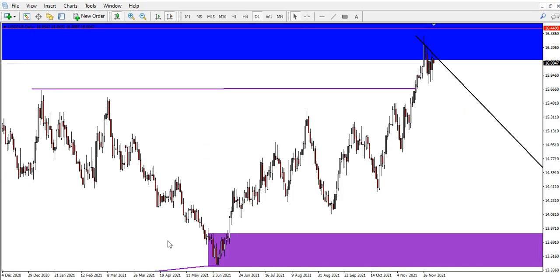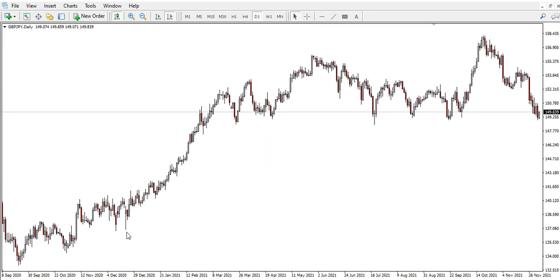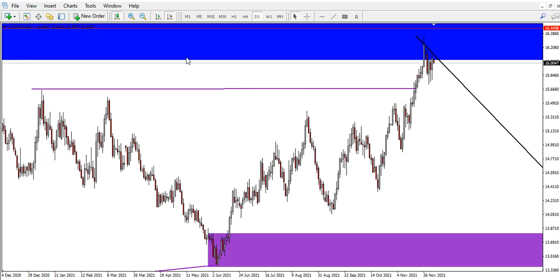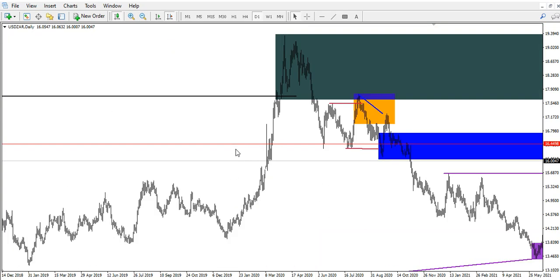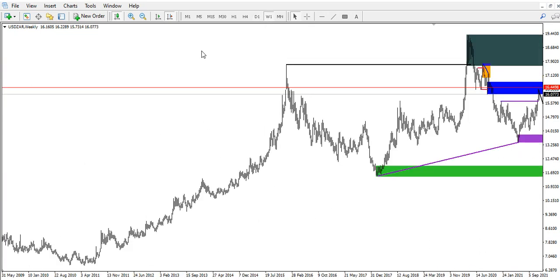Just take a wild guess where I'll start. Your guess is as good as mine. Let me just give you a highlight of what I did there on USD ZAR.